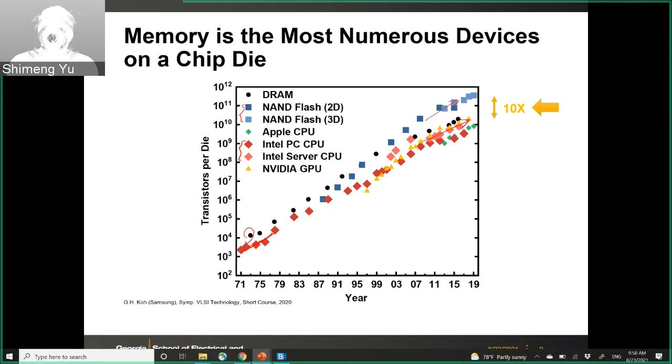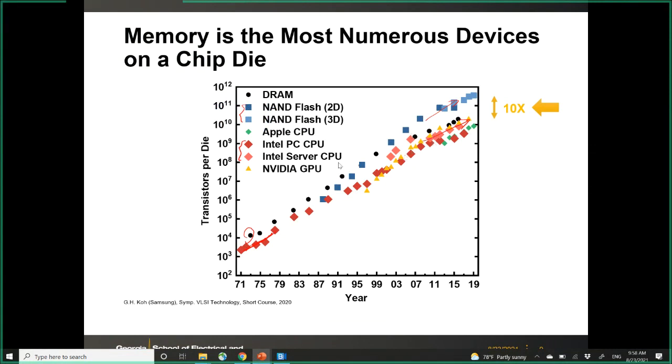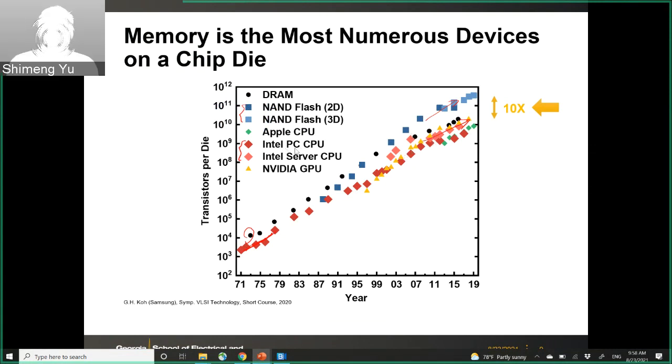You also see the transistor count on the CPU, and also GPU and Apple's mobile CPU. They are in the range of 1 billion to 10 billion transistors on the chip, where 10 to the power 9 is a billion.